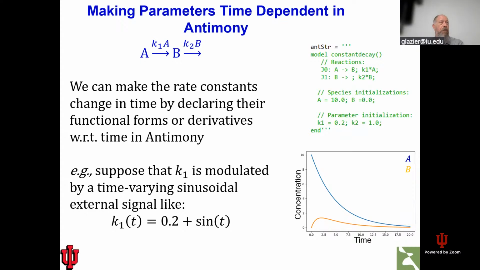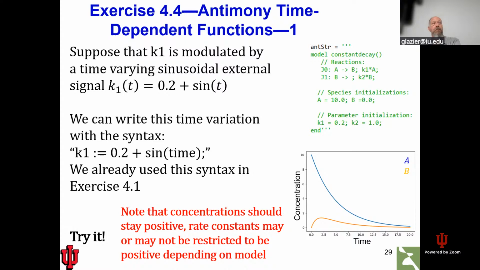And so if I want a parameter value to update in time, I have a special kind of equal sign, which is the colon equals. And that colon equals says, check what is happening on the right-hand side of the equal sign and update it.